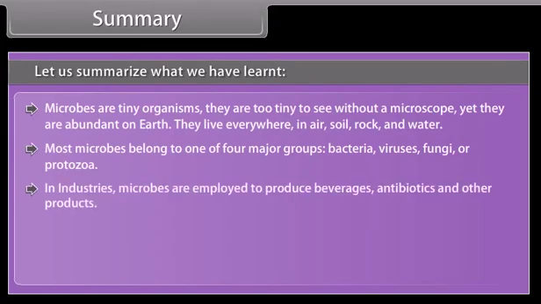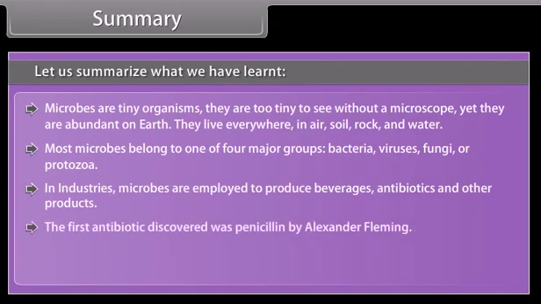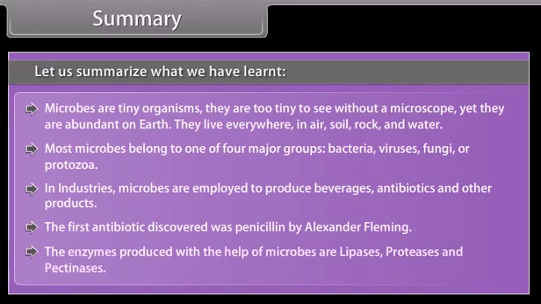In industries, microbes are employed to produce beverages, antibiotics, and other products. The first antibiotic discovered was penicillin by Alexander Fleming. The enzymes produced with the help of microbes are lipases, proteases, and pectinases.